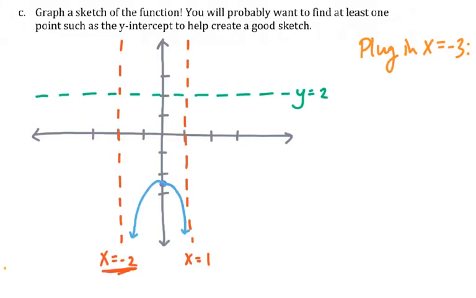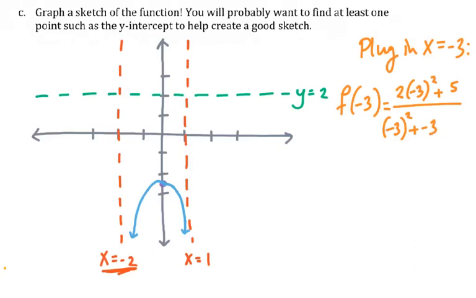Let's find out. So the function evaluated at negative 3 will be 2 times negative 3 squared plus 5. So hopefully I have the function written down. I'm just plugging in. And then on the bottom, it'll be x squared, so negative 3 squared, plus x, so plus negative 3 minus 2.